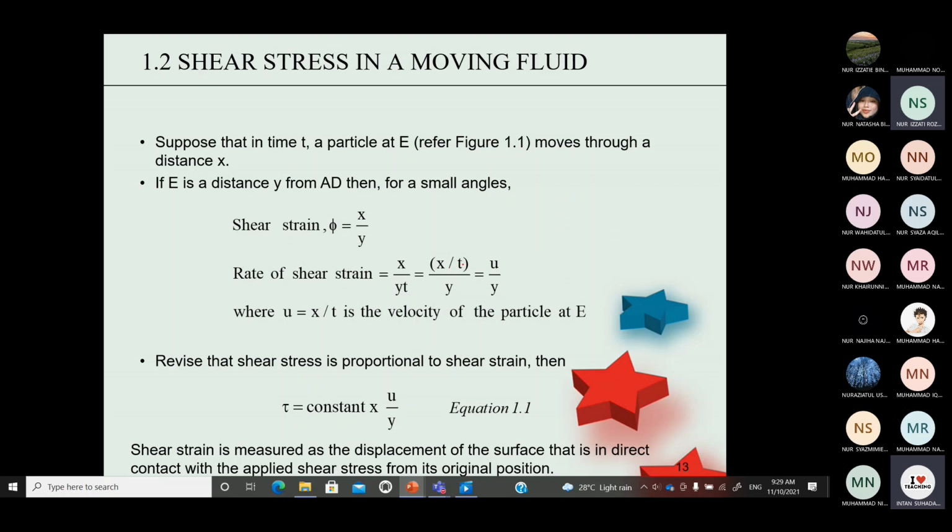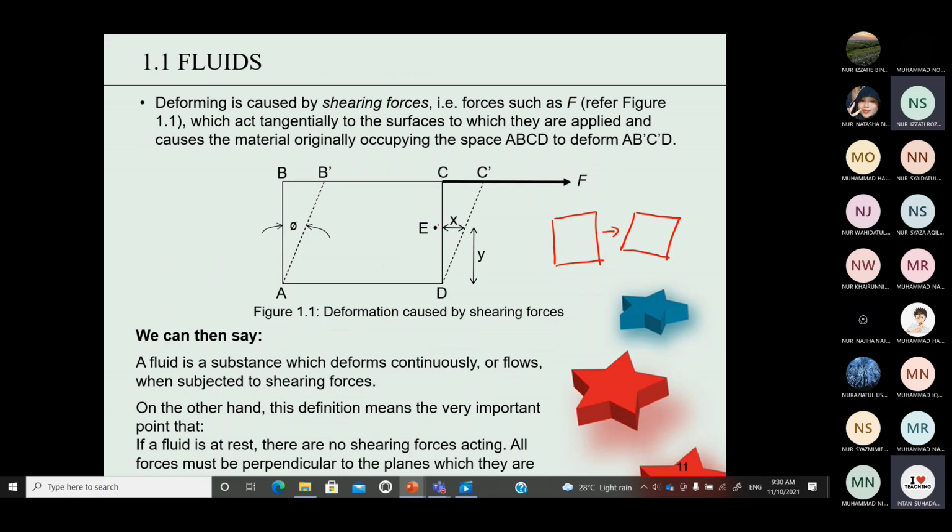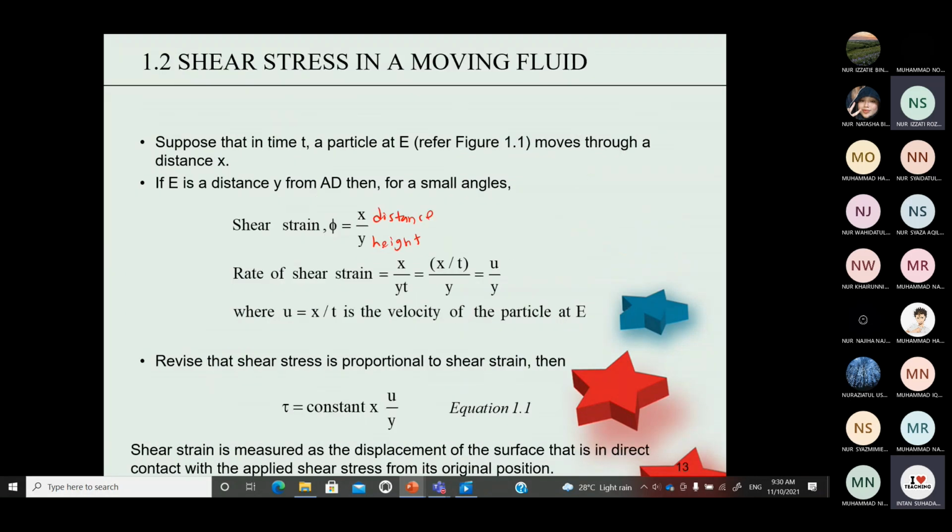Okay, x is the distance, y is the height. Shear strain, just divide the distance and height.